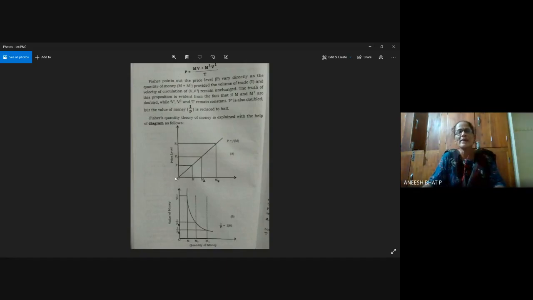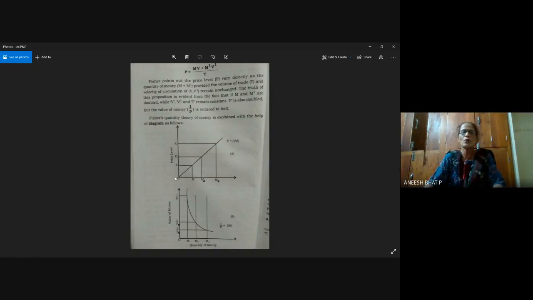In his equation of exchange, the available supply of money in the economy is in a position to purchase whatever goods are traded in the economy. So, supply of money is equal to demand for money. What does it mean? According to Irving Fisher, supply of money in the economy is equal to demand for money.